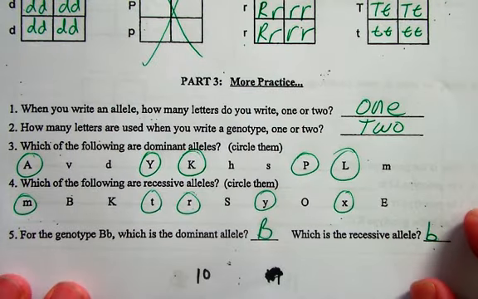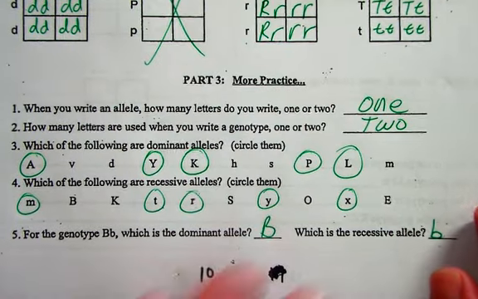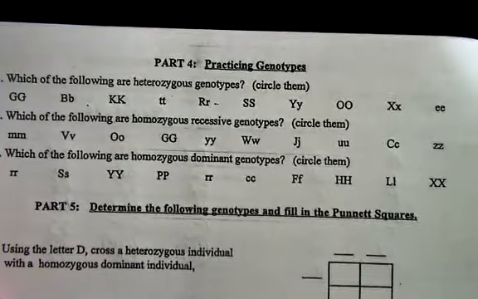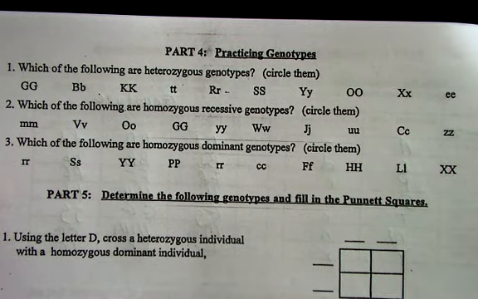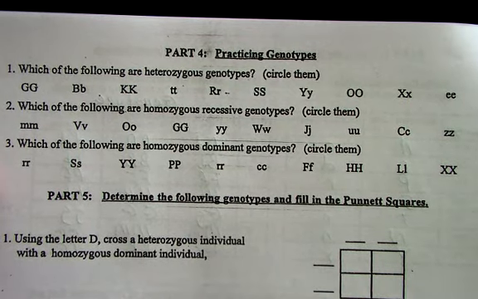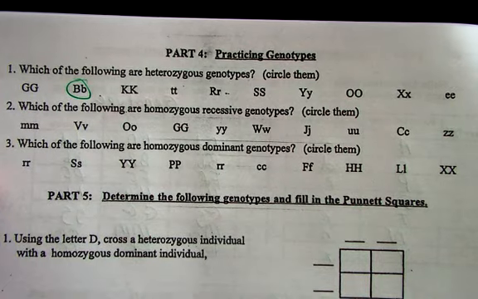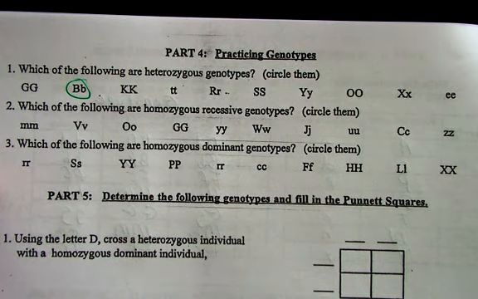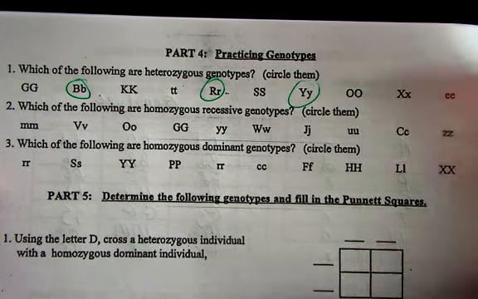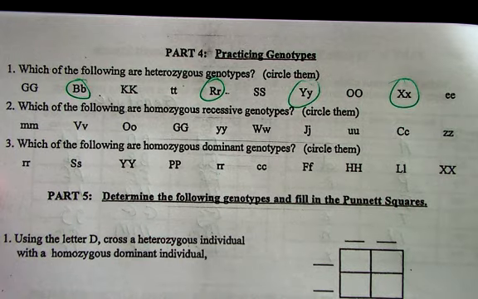All right, so now I'm going to flip it over to the back page. And it asks, which of the following are heterozygous genotypes? Heterozygous are the ones that are capital lowercase. So all of those are heterozygous.